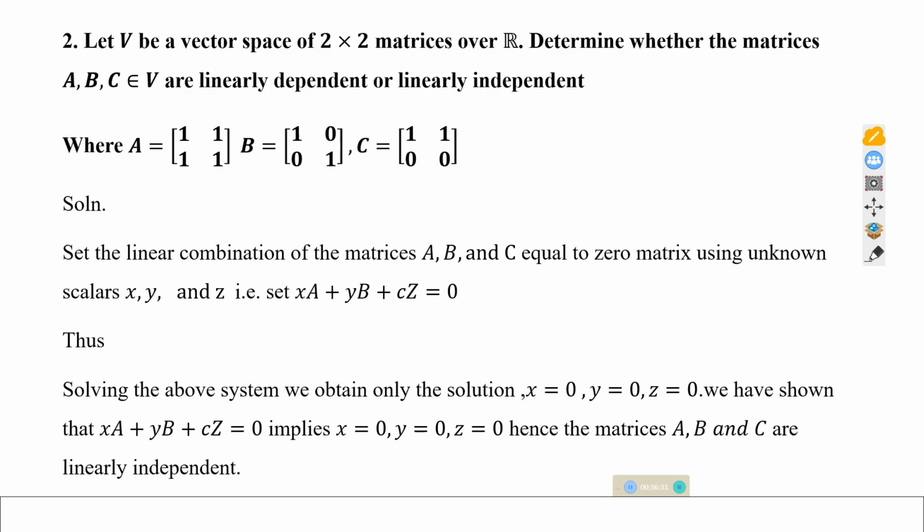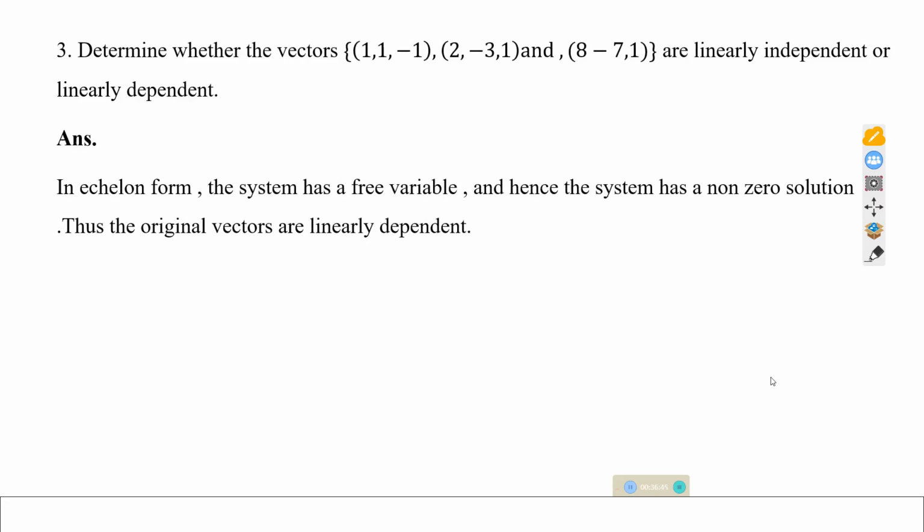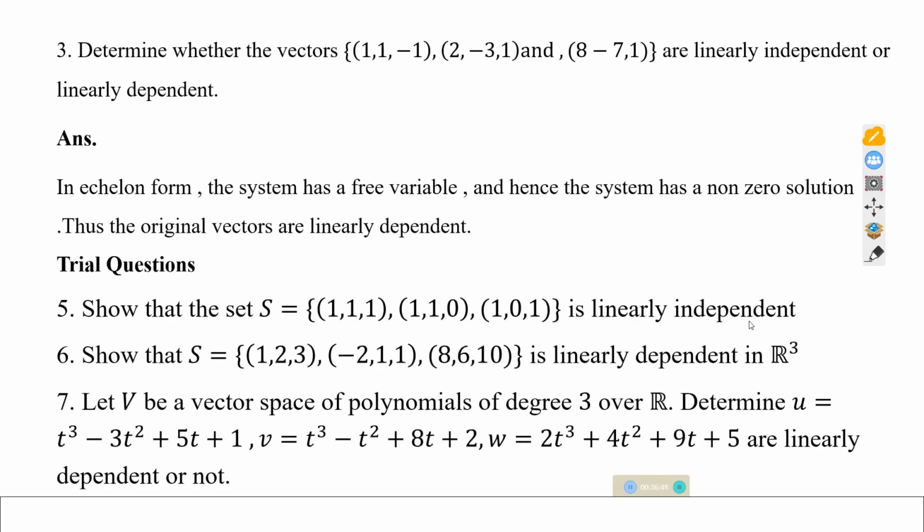And from example number 2, we can look at one more example. And from there, you'll be able to try some few other numbers. So we have example number 3, where they are saying determine whether the vectors this and that are linearly independent or linearly dependent.